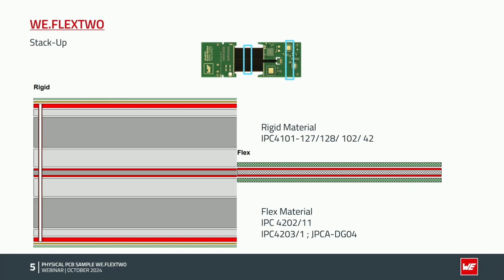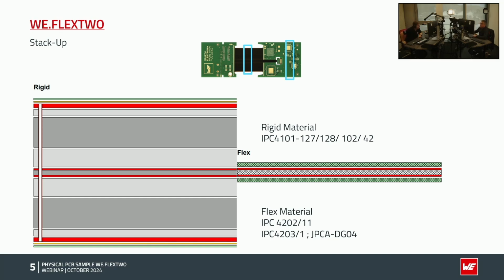For the rigid part, apart from the FR4 material, we can offer a PPE material, which is for high frequency or high speed build-ups, and we can offer a high reliability material with polyamide glass, with a TG up to 240. So this is really highly reliable material, which we can use for rigid flex boards.